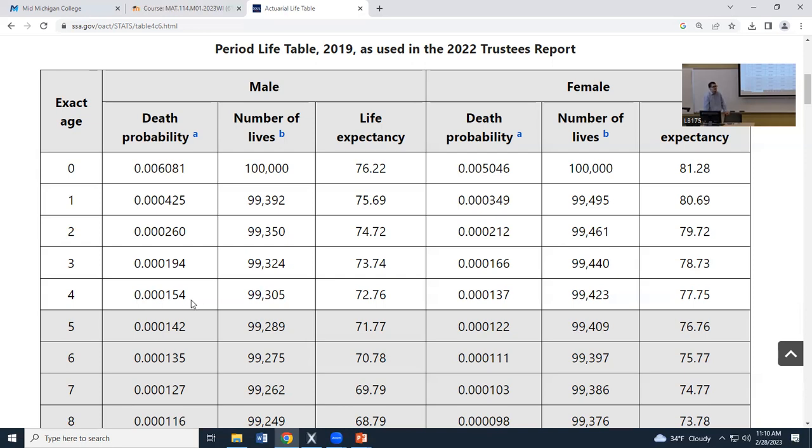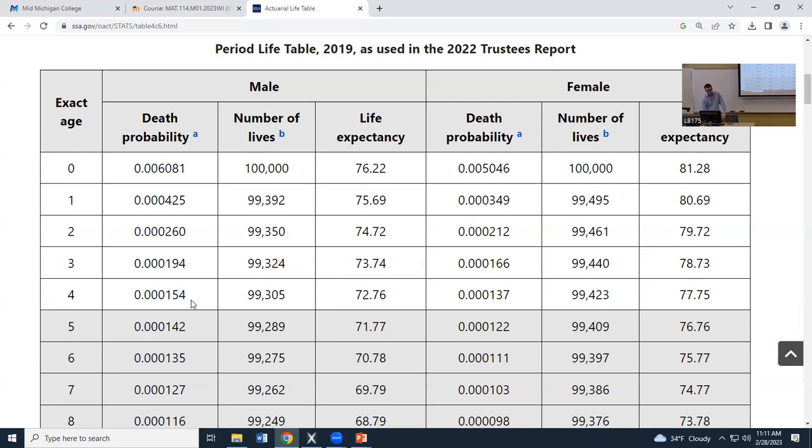Over the years they've been collecting data, they've seen how many 4-year-olds have died in the United States and how many have lived. So they just make a fraction: how many 4-year-olds died, divided by the total number of 4-year-olds that year. And they come up with that number, 0.000154. Everybody get that?